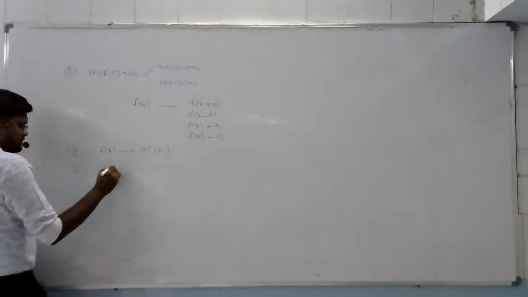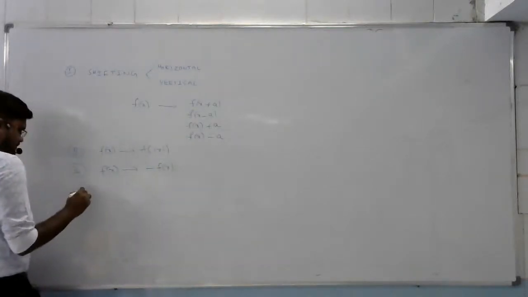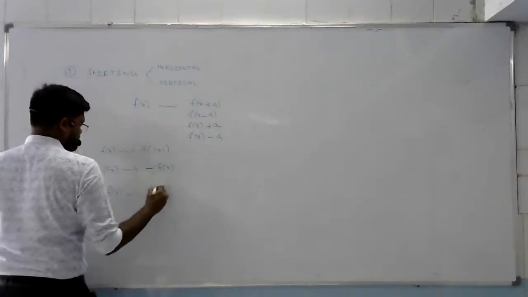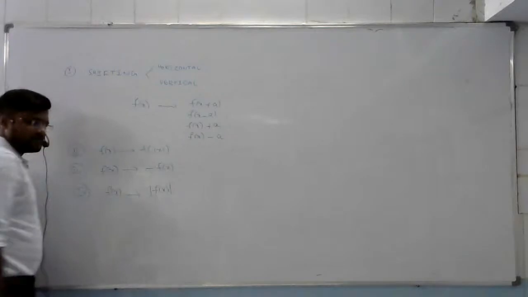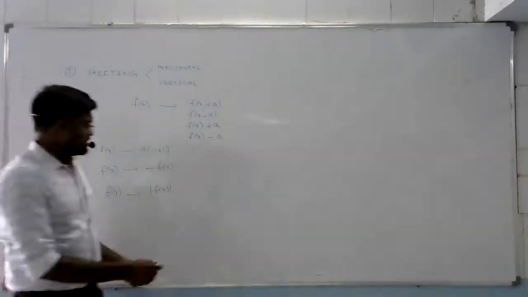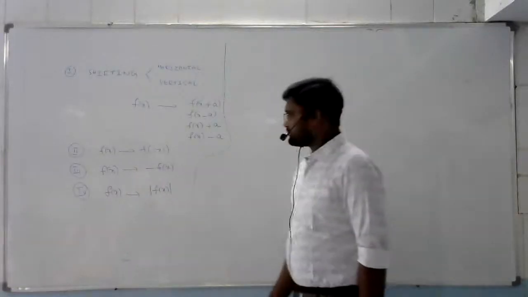And the third one, from f of x to minus f of x. And the fourth one, from f of x, drawing modulus f of x. I hope you remember the rule for each and every transformation, right? So, these are the basic transformations.